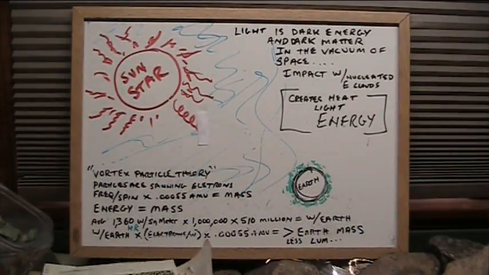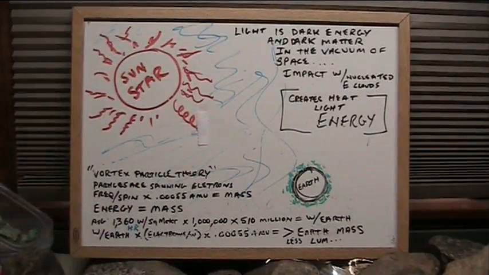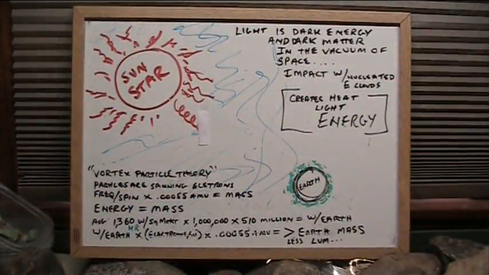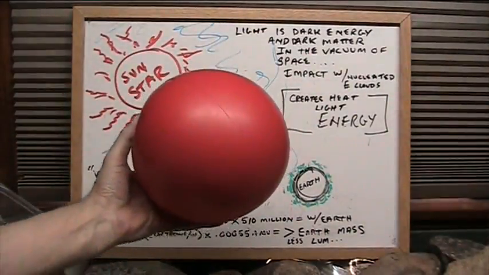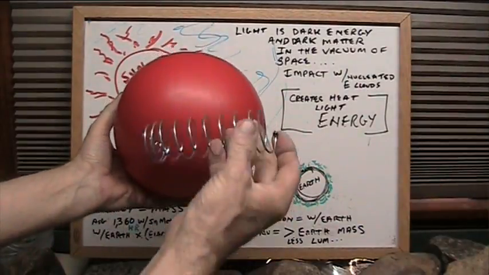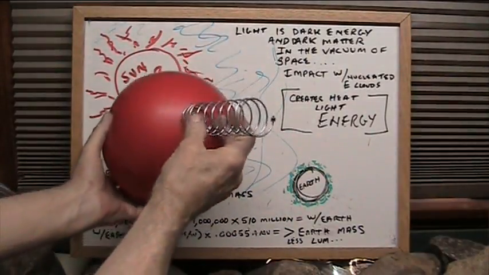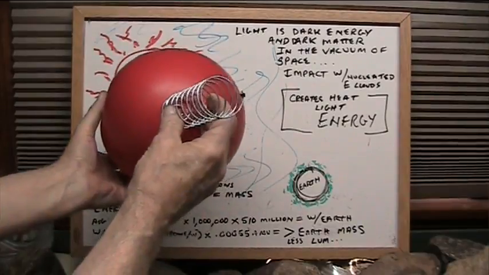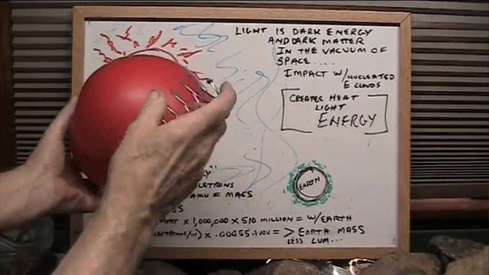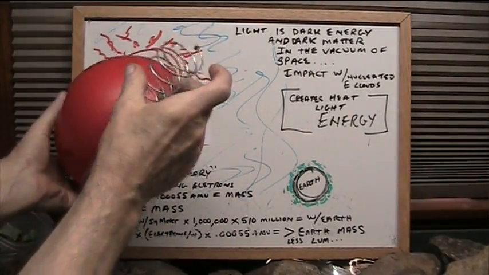Now, here's what I'm talking about as far as the light given off by the sun or any star. Literally, here's your atom, and that's the cloud, and the electrons spin off just like this. Boom, they go shooting off as they get excited, and that little black dot is the electron.